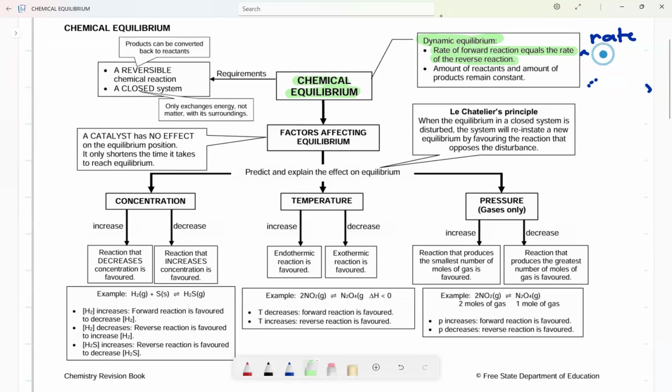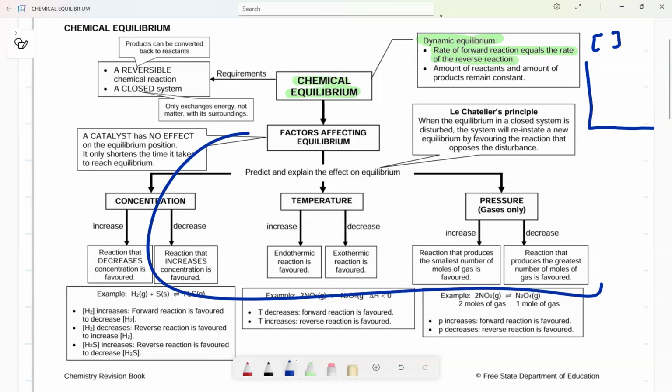And we also talk about the concentration graph. This graph tells you what happens to the concentration of the reactants as the factors that we'll be discussing affect the equilibrium.